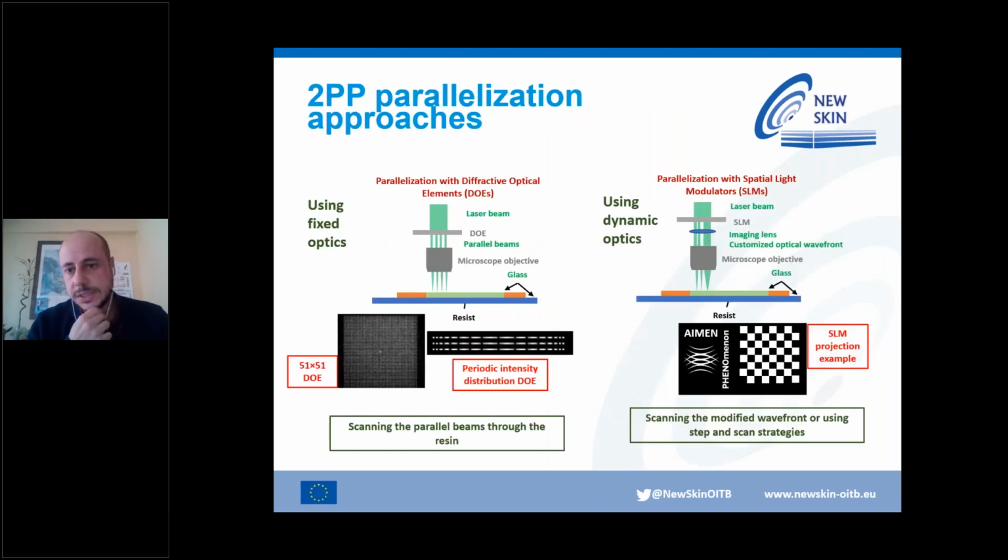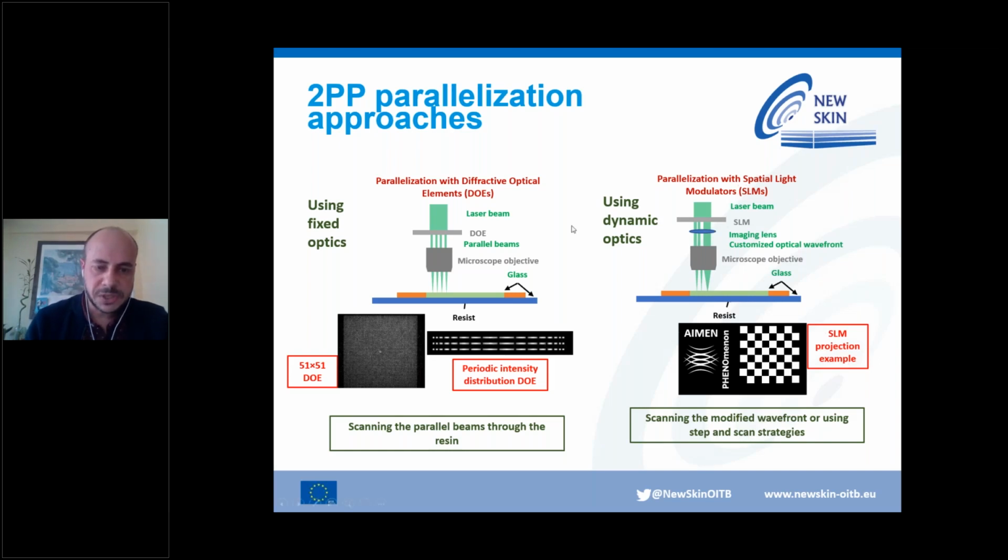So one of the main approaches that we have taken was the parallelization of this technique, which is photopolymerization, through the use of parallelization optics. You can achieve the parallelization through the use of fixed optics, like, for example, diffractive optical elements, or by using dynamic optics, like a spatial light modulator, which is like the small screens that you can find in small LED projectors.